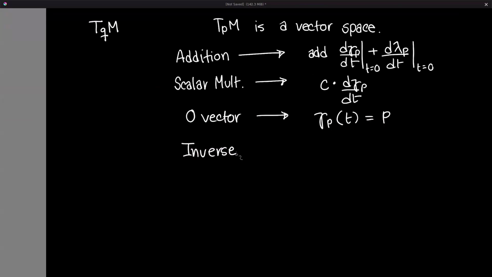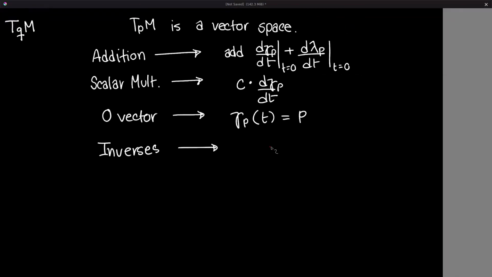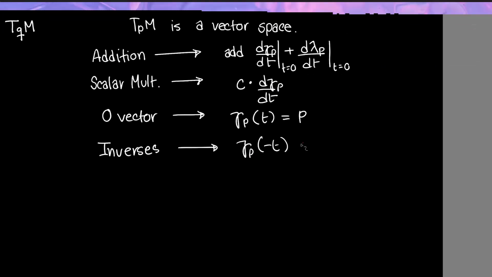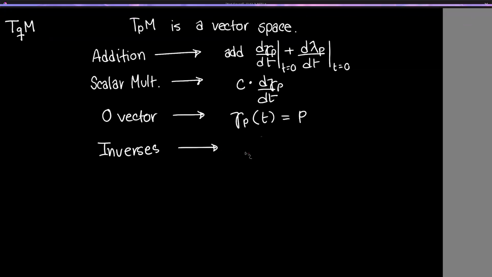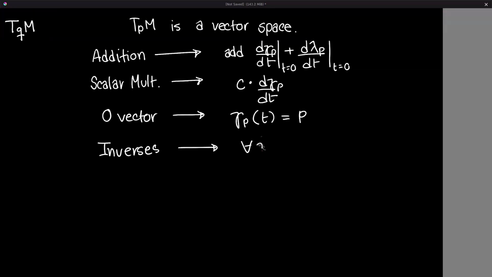Gamma p of minus t, or sorry, gamma p of delta minus t, something like that. Basically we're going backwards. Instead of going from minus delta to delta, if we go from delta to minus delta, we get the opposite velocity vector at p. So we have all of the inverses. So for all gamma p, there exists some minus gamma p. So TPM is a vector space.